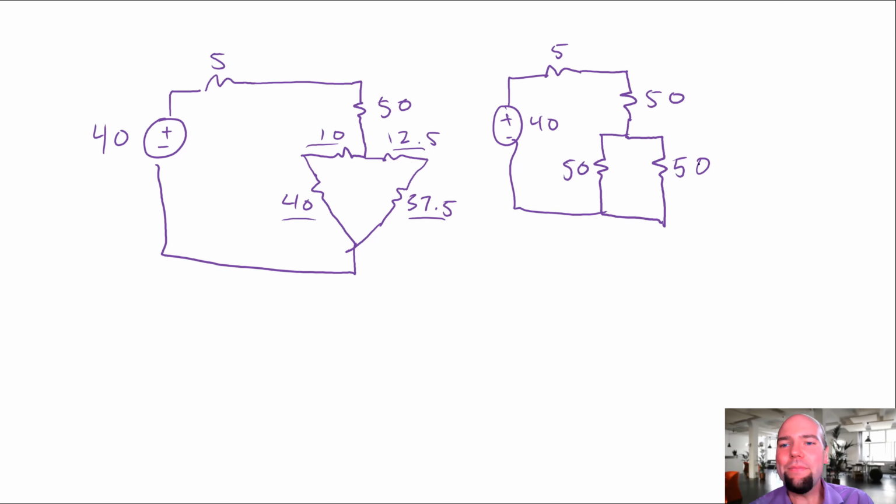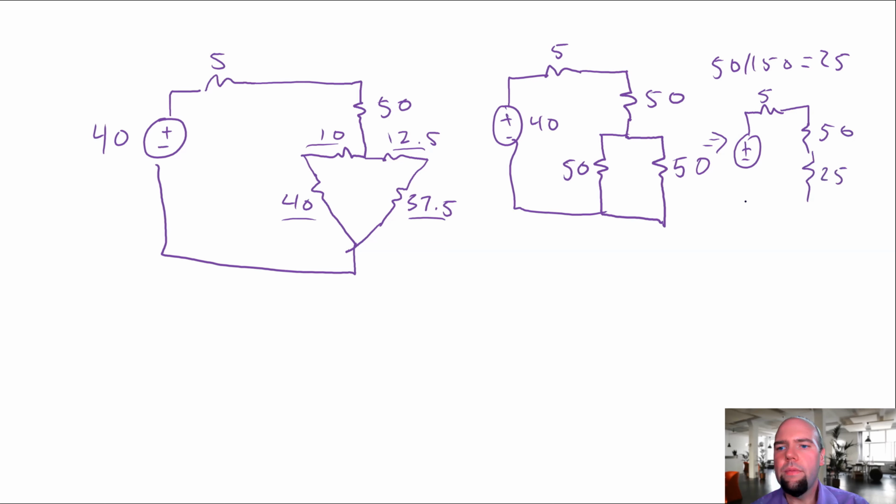So now we have a 50 in parallel with a 50, which is going to be 25. So we can redraw this one more time. Okay.